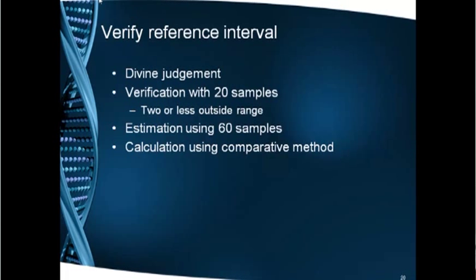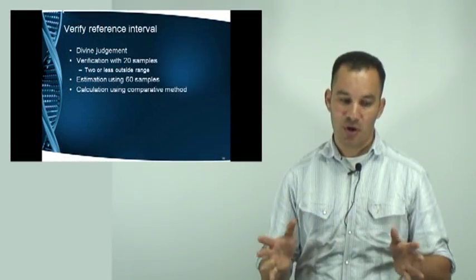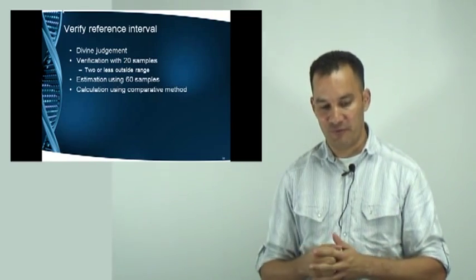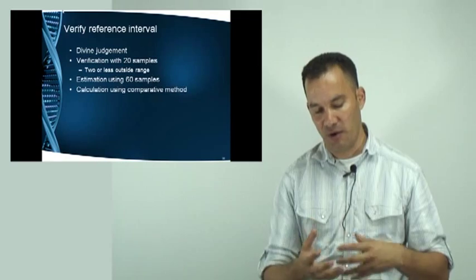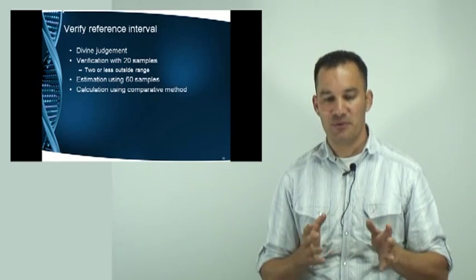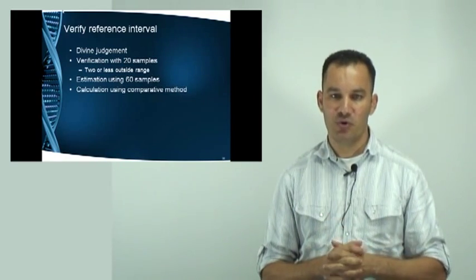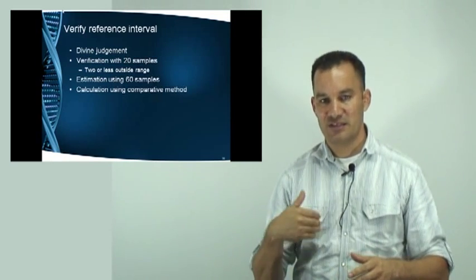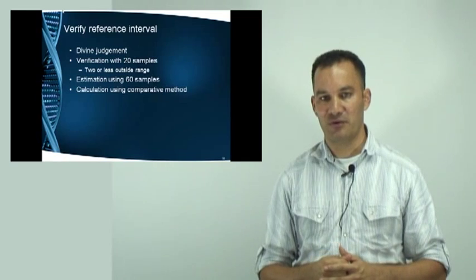This is done by using 20 samples from normal patients. Usually we will go to the blood bank and ask for 20 normals, spread over a period of 5 days, 4 on each day, and we will check if every one of those is within the reference interval as claimed by the manufacturer.